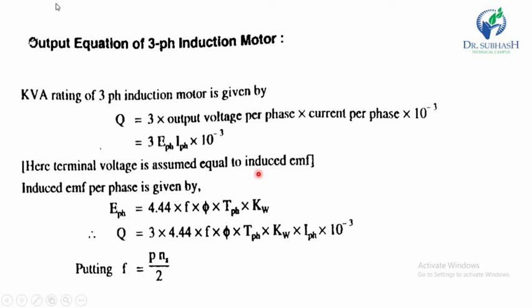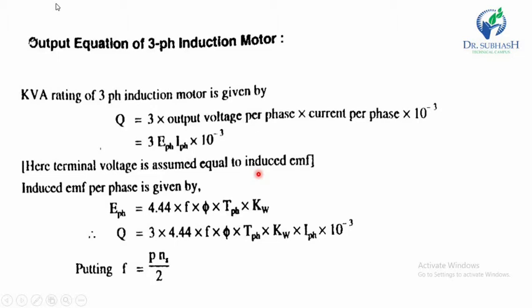Now, the output equation of a three-phase induction motor. First of all, it is defined as the equation in which the output of the machine is expressed in terms of its main dimensions, specific magnetic loading, specific electric loading and speed.